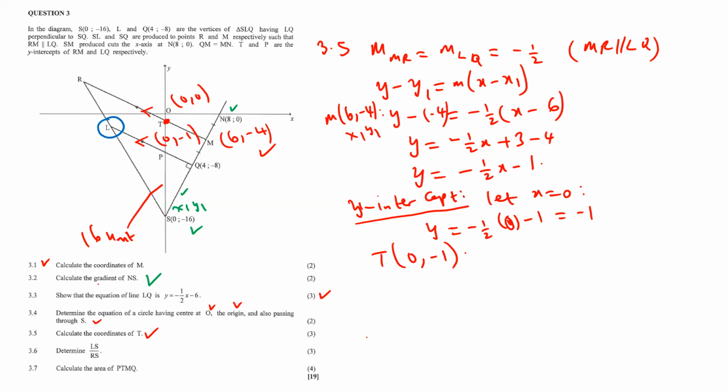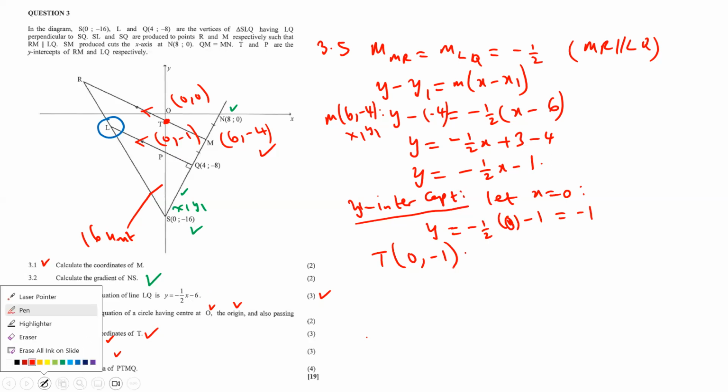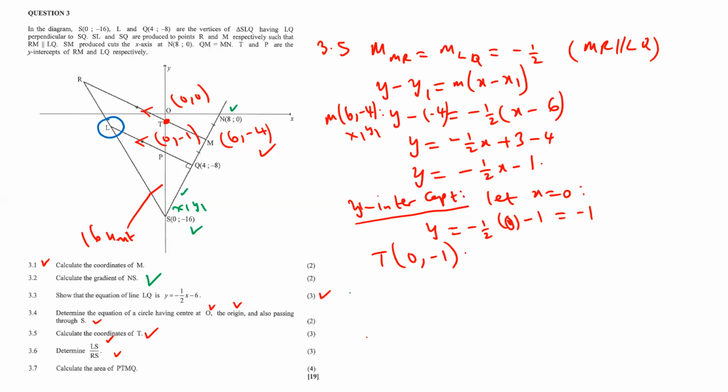The next thing is to determine the ratio in 3.6. Determine the ratio of LS to RS. We're going to do 3.6 now. We proceed as follows. First, we realize that T will have coordinates 0, minus 1. We saw that here.